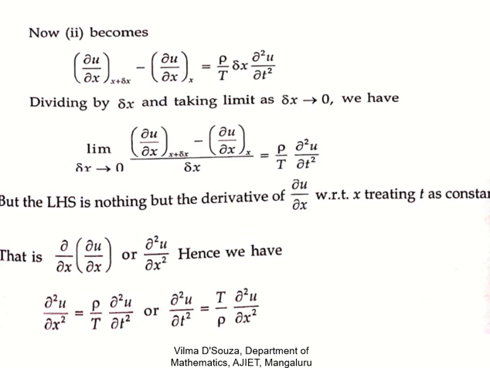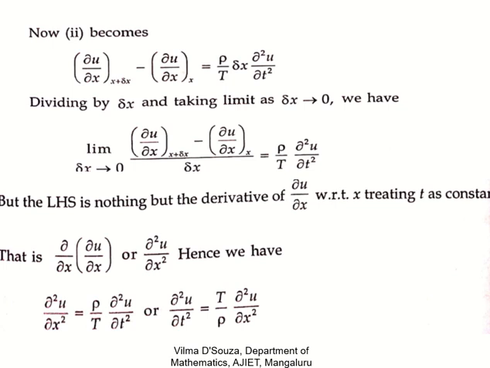What is tan beta? ∂u/∂x at x plus delta x minus tan alpha, so minus ∂u/∂x at x, is equal to the right hand side as it is, rho by T delta x ∂²u/∂t².